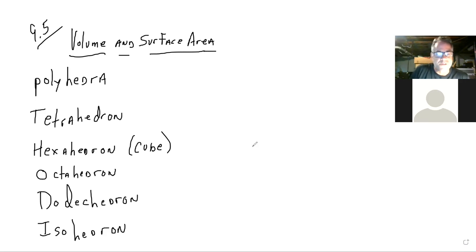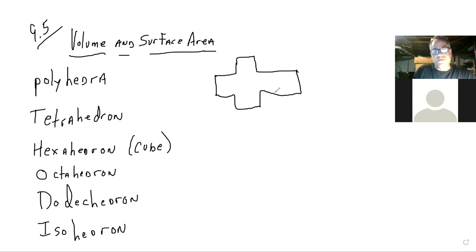Now, this does show up on Praxis, where you are asked about what are called nets. Not a net as in like I used to catch fish or something like that. This would be an example of a net. Oh, I cannot draw a straight line.